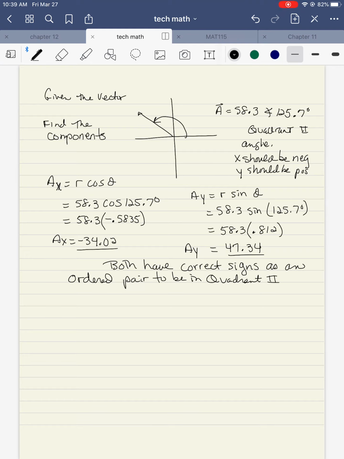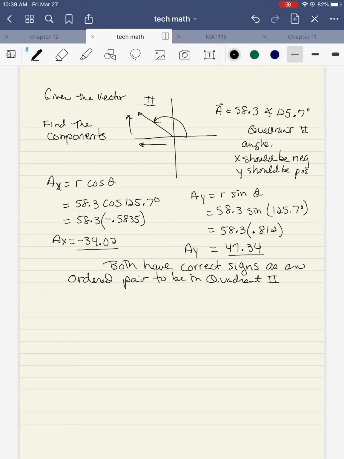Given this vector, the magnitude is 58.3 and the angle is 125.7 degrees. Notice this angle, 125.7, is a quadrant 2 angle. So quadrant 2 angles would have a negative AX component and a positive AY component. Same formulas though. AX is R cosine theta, AY is R sine theta.